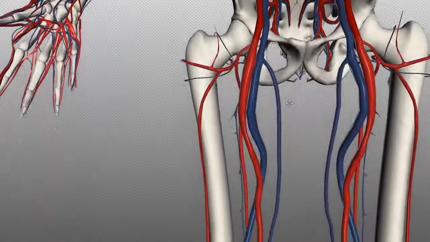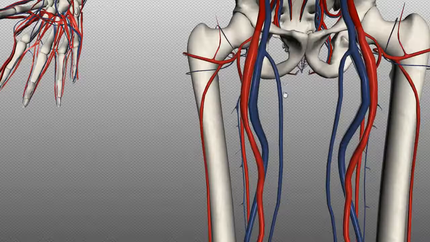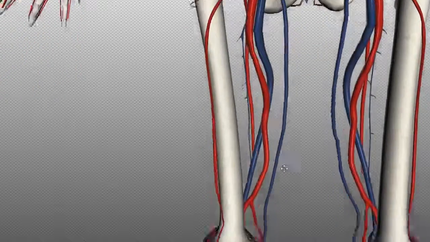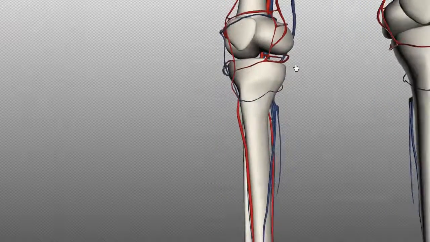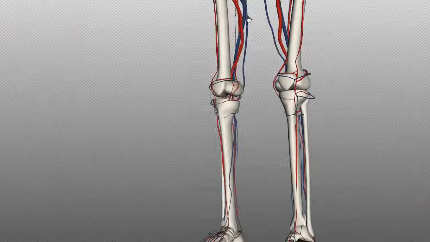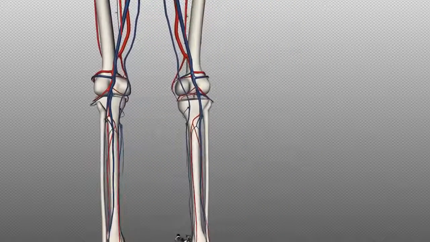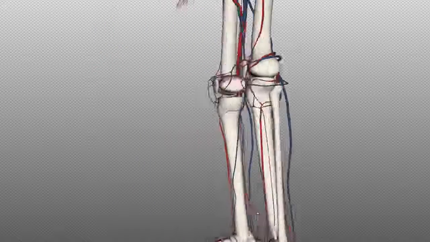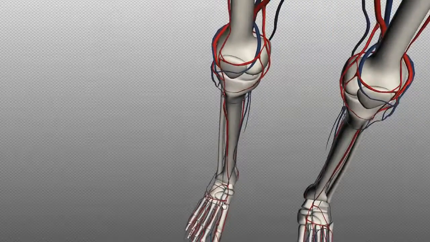Working our way down, the external iliacs are formed from the femoral vein, and this long vein which runs down the entire length of the leg on the medial aspect, and this is called the long saphenous vein. So it runs all the way down the medial aspect of the leg to join the dorsal venous plexus of the foot.